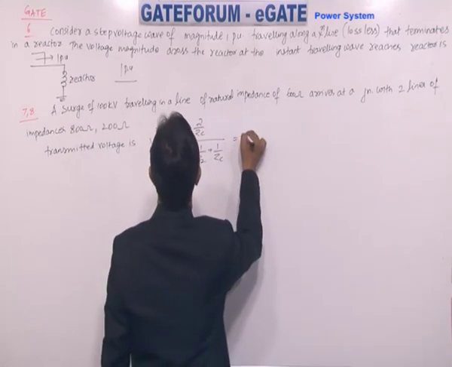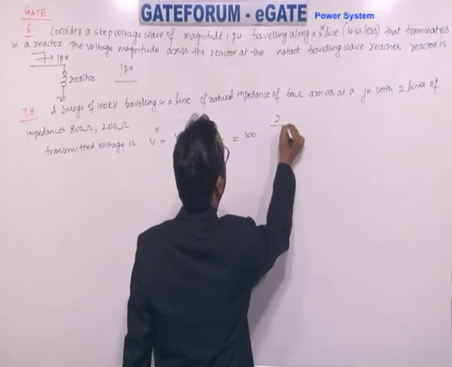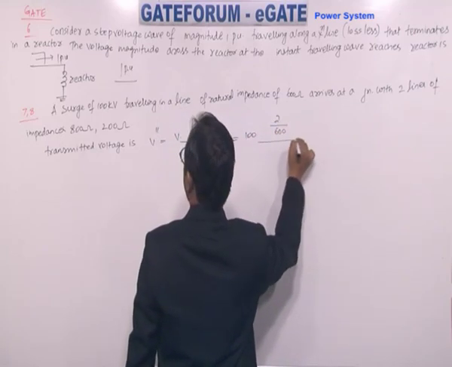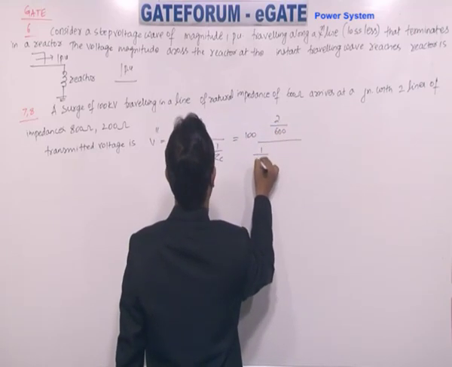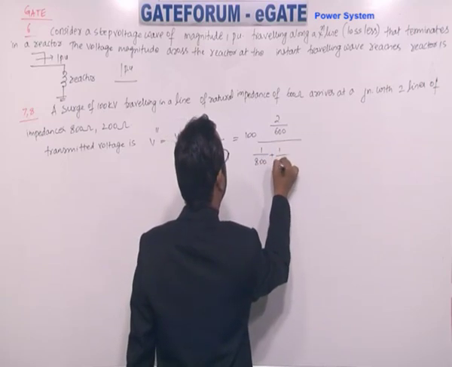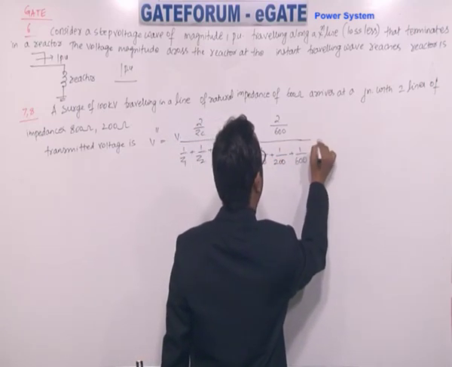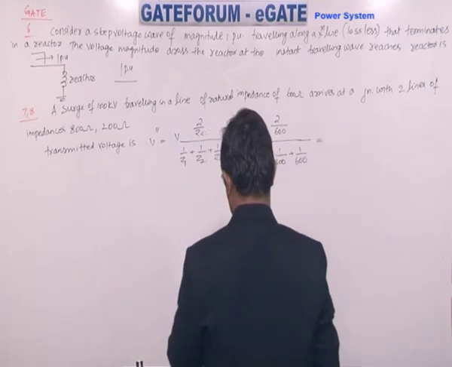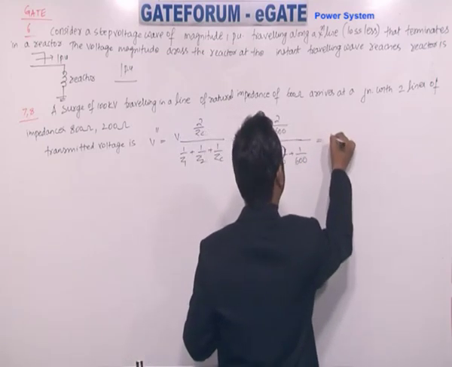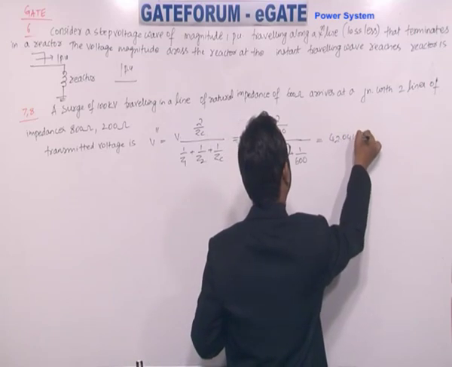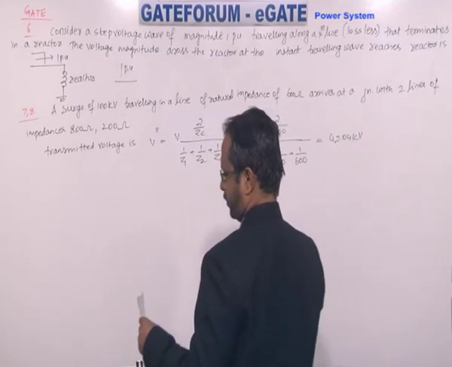So V is given as 100 kV, ZC is 600. So accordingly you calculate this one. On simplifying, how much do you get? 42.04 kV.